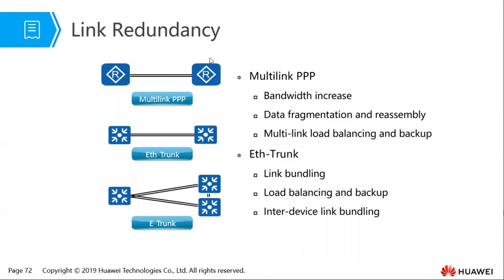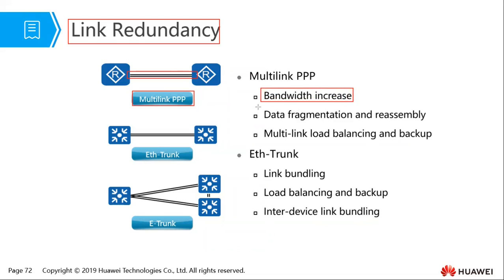So let's look at link redundancy. With link redundancy, we have several protocols that can help us. One of them is called multi-link PPP. When you're connecting remote disparate sites via PPP, you can bundle several lines so that they act as one. Advantages: they increase the bandwidth.